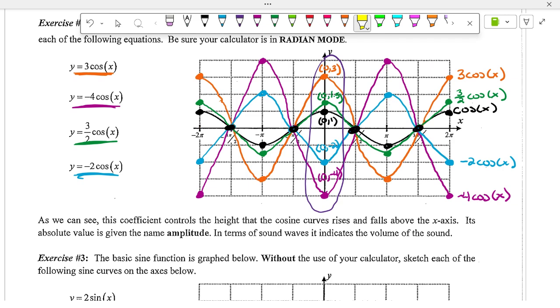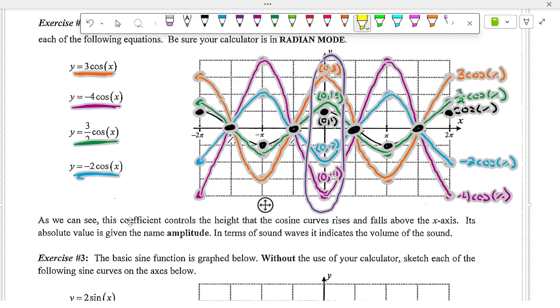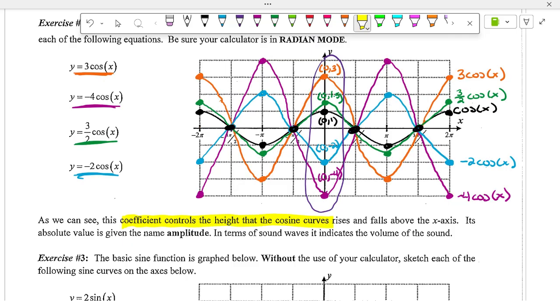So, we see this coefficient controls the height of the cosine curves and rises and falls above the x-axis. The absolute value is the given name for amplitude. In terms of sound waves, it's the volume of the sound.